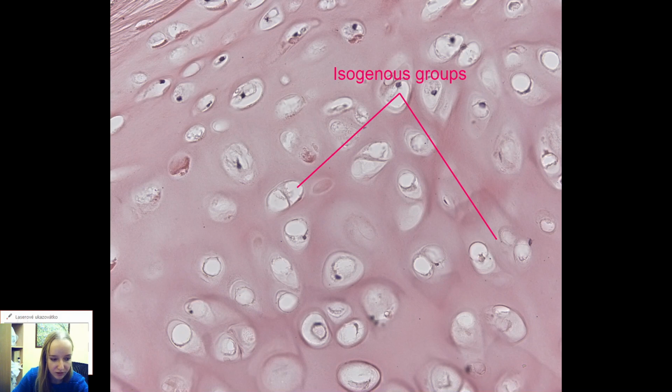so here we have this picture. We can see these chondrocytes forming isogenous groups here. You can see those. And you can see this slight basophilia around. I hope you can, right here. And all around each lacune, this is the basophilic capsule or capsular matrix that is around.